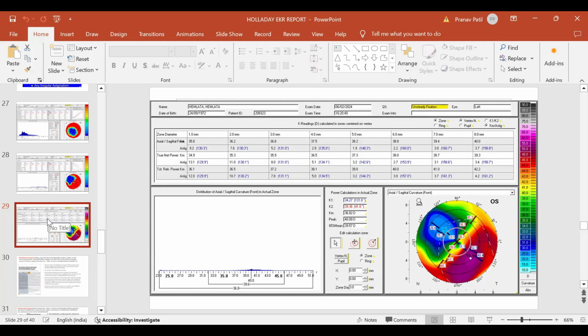So then, sir, we have based our toric calculations on IOL Master and Lenstar using the normal anterior SimK values. Had we used the EKR 65 values, what would we have gotten versus what we have actually gotten, and would EKR 65 values have been much better to use? How do we put that through in points? So autoref is not a good measure.